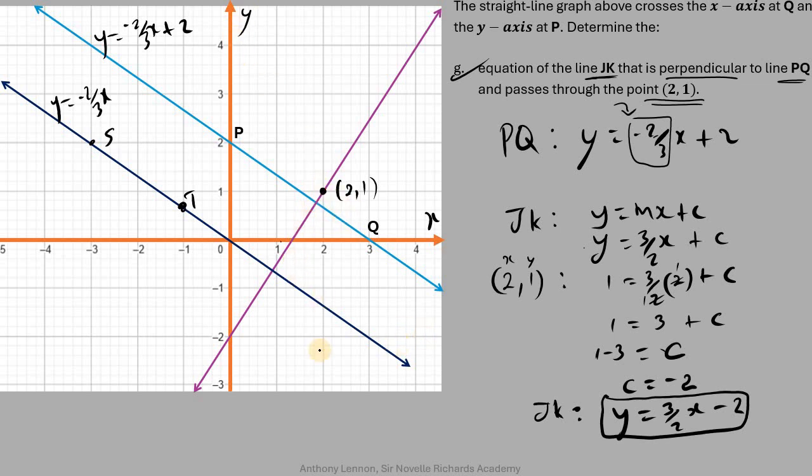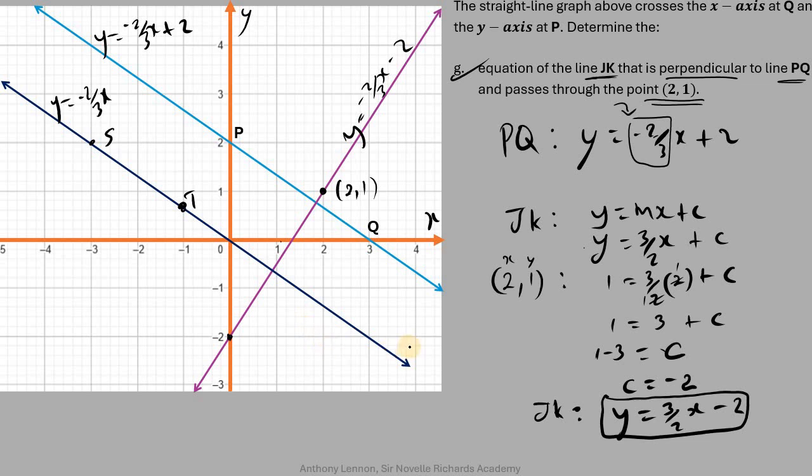And that same line JK also passes through the point 0, negative 2. In other words, it cuts the y-axis at negative 2. So we draw a line through the point 2, 1, and where it cuts the y-axis at negative 2, we're seeing that this will be the line y equals 3/2 x minus 2.